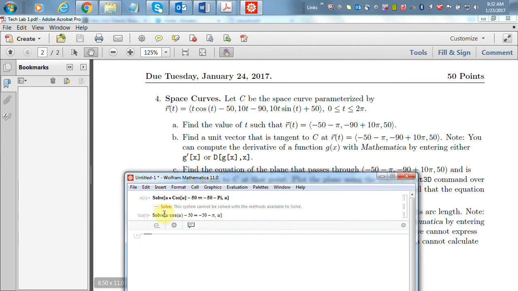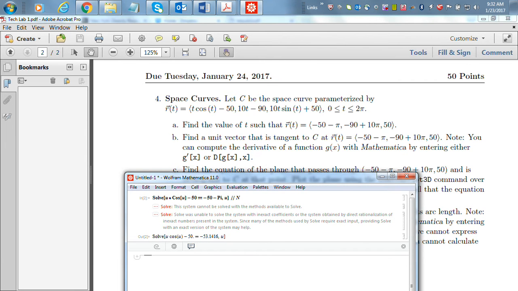It tells me it can't solve it, so I'm going to add these little double dash n options, and it doesn't like it. So let's try the second equation. Try u times the second one, double equals 90 minus 90 plus 10 times pi.